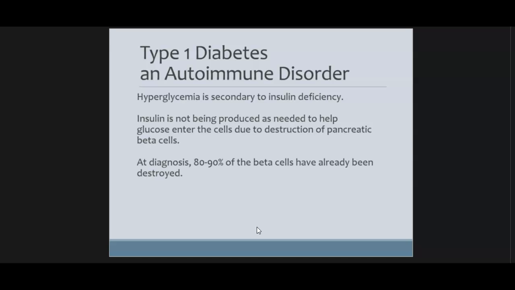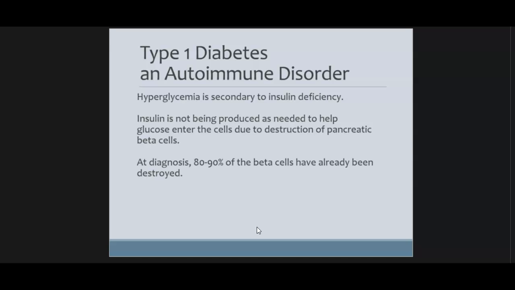So you think about it in this order: the body stops making insulin because the beta cells in the pancreas are destroyed. Now there's no insulin, and what happens? Your blood just gets more and more filled with glucose, and you become more and more hyperglycemic. So it's a secondary but very significant part of the disease. Insulin is not being produced as needed to help the glucose enter the cells, because the beta cells are destroyed in the pancreas by the antibodies.